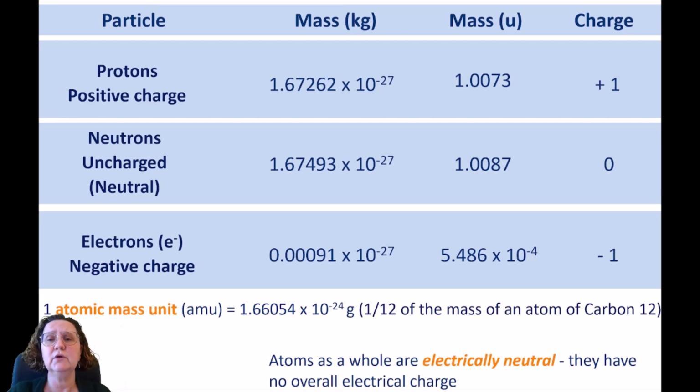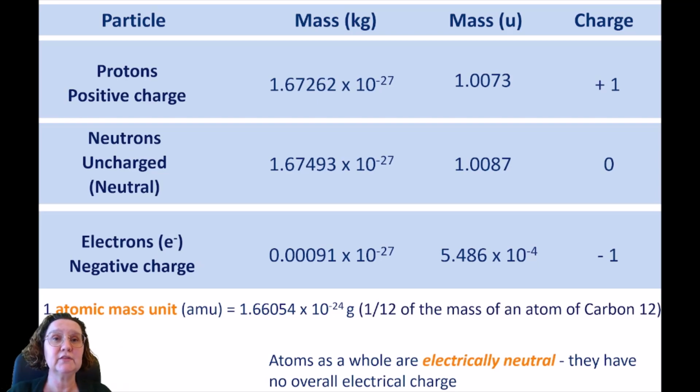A neutron weighs again 1.0087 atomic mass units. Yes, electrons are still very tiny, and even with this invented scale, you still get a power of 10. But at least the numbers are much more manageable.